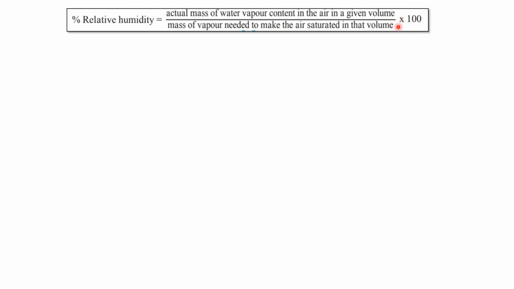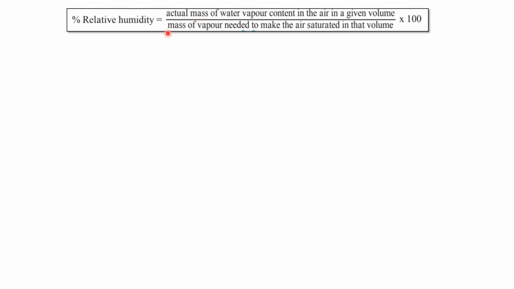Multiplying by 100 is nothing but the calculation of percentage. Now, what is the actual mass of water vapor? It is the amount of water vapor present in the air at a certain temperature at that particular instant.